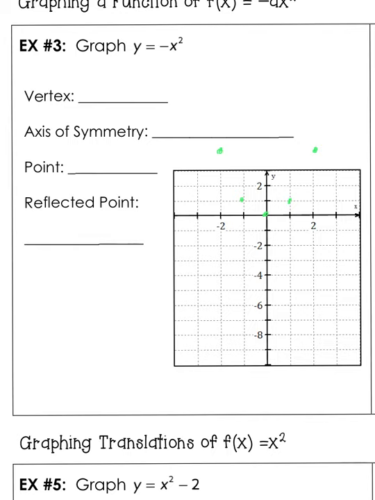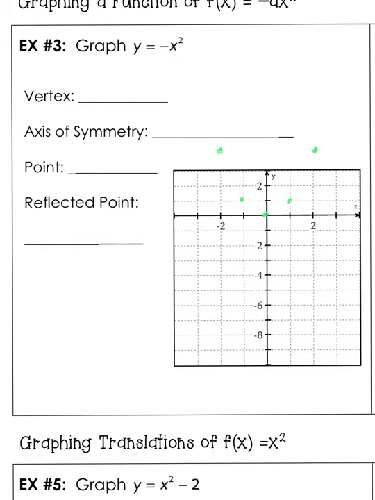Okay, so that's where my parent function is. You're going to see it reflecting this way. So the vertex is going to stay there because the line of reflection is the x-axis. This point is going to move here, and this point down to here, because those are equal distances. And so, because we don't have any stretch or shrink, just a reflection.